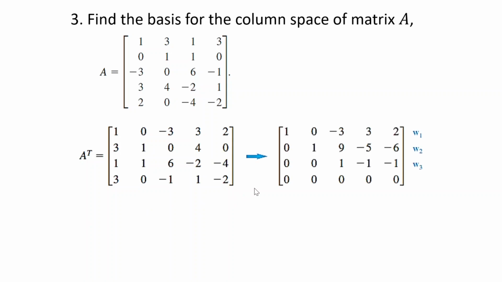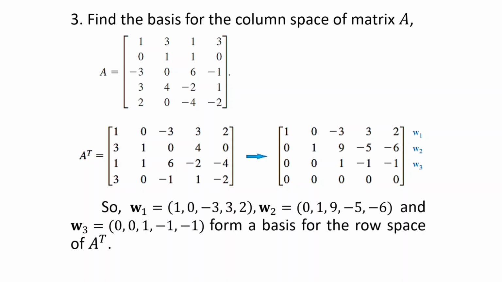So we have this. Let us name these rows as W_1, W_2, and W_3. So these non-zero rows form a basis for the row space of A transpose.